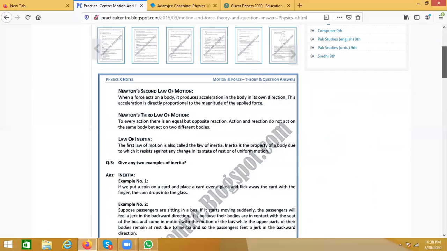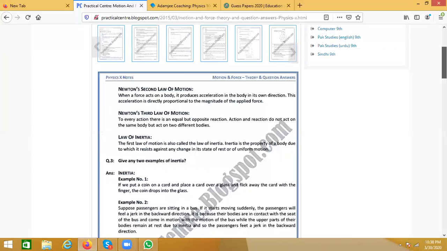Okay? An example can be a book on the table, right? The book is stationary on a table, and if you do not push it or pull it, or if you do not apply a force on it, it will not change its state. So this is what Newton's first law of motion is all about.